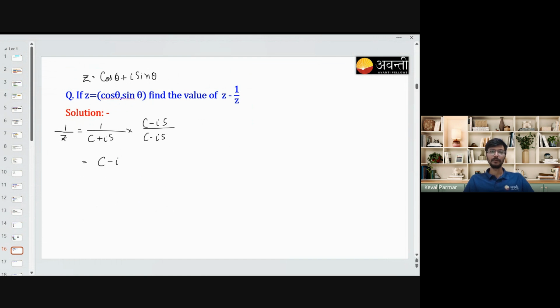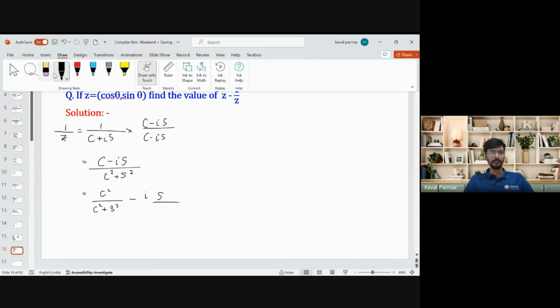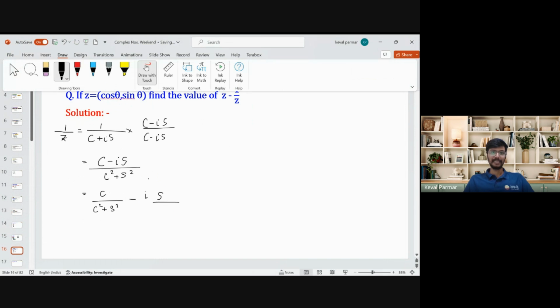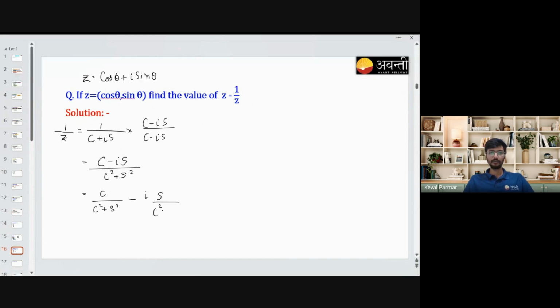So we get cos minus i sine upon the denominator, cos square plus sine square, right? Very simple, guys. So we have cos upon cos square plus sine square, minus i times sine upon cos square plus sine square.